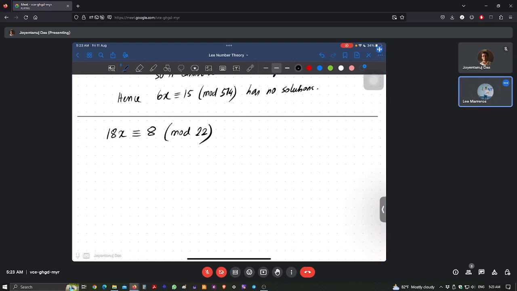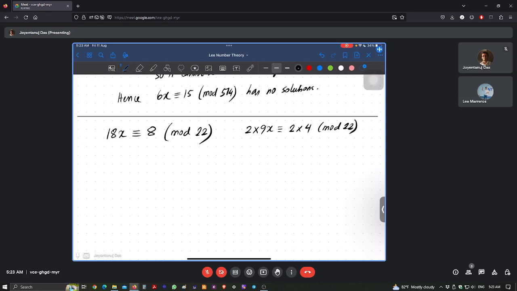Now if you remember, this is nothing but 2 times 9x is congruent to 2 times 4 mod 22. But the thing is we cannot cancel 2, because the GCD of 2 with 22 is not 1. So this thing will not work. We have to do something else.